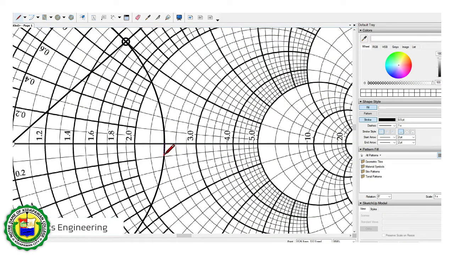The voltage standing wave ratio here is 2.4, and this is also the real value of the impedance at this point, which is purely resistive. So this intersection point is 2.4, and that would also be the value of the impedance of this line at that point.